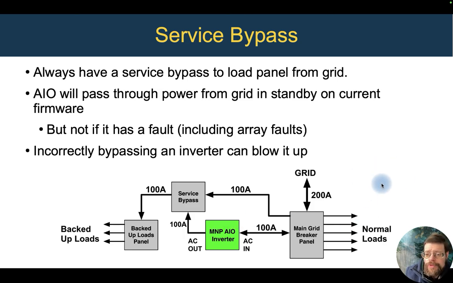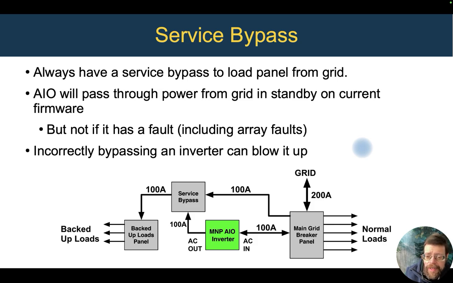In older systems where the array was on separate charge controllers going to the batteries, and the inverter only drew power out of the batteries to the loads, an array fault would not shut the inverter down because they were separate pieces of equipment. The all-in-one is more compact and more convenient, having the array inputs built into the inverter, but it does introduce that issue that an array fault can also shut the inverter down.